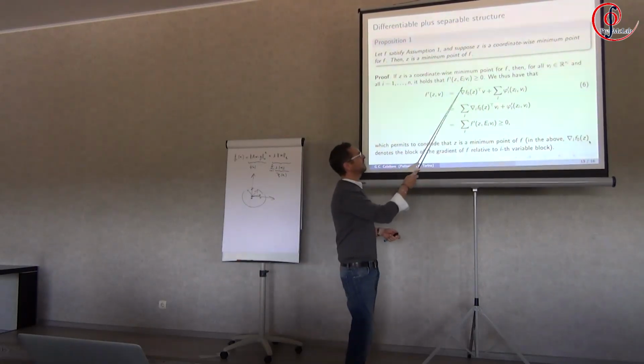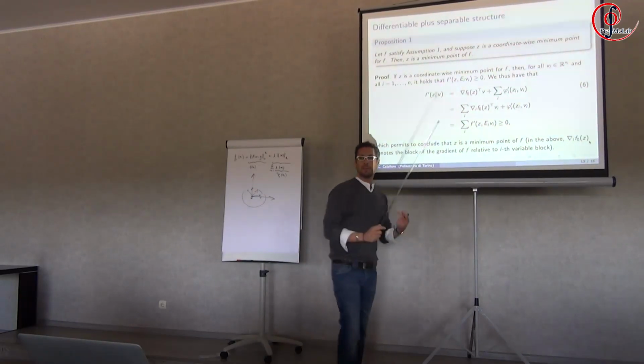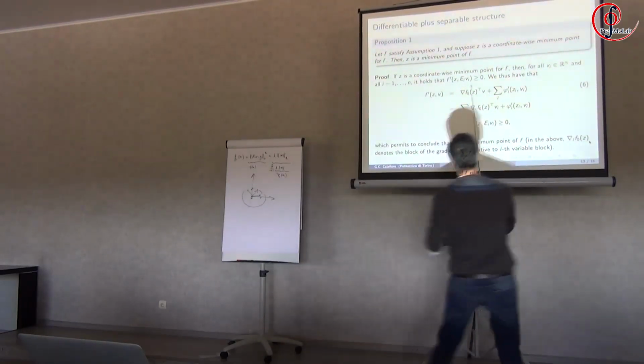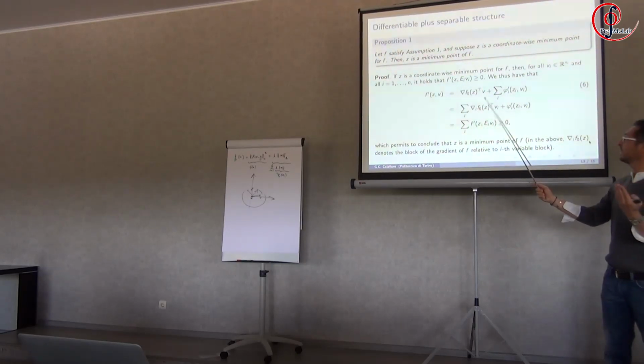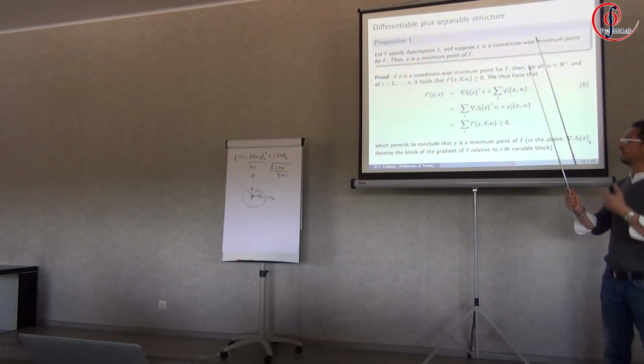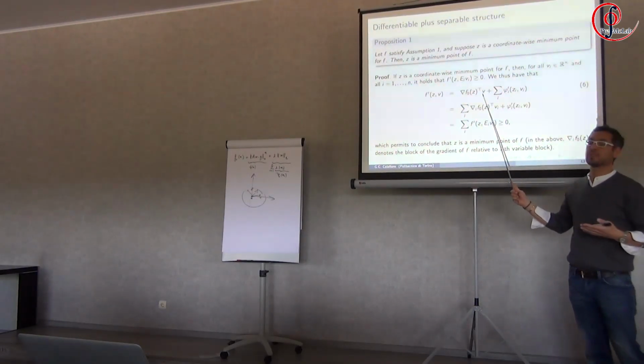This is given by the gradient multiplied by the direction. This is the directional derivative of the differentiable part of the function. Okay? If we have a gradient of the function, then the directional derivative is just the inner product of the gradient times the direction.